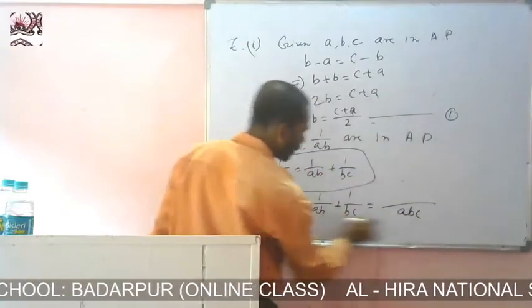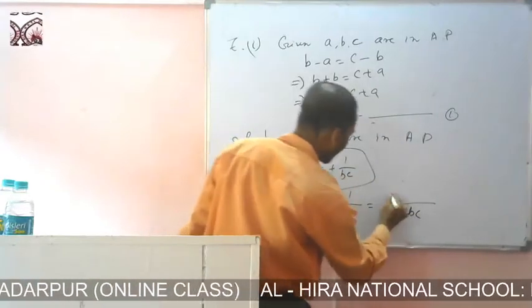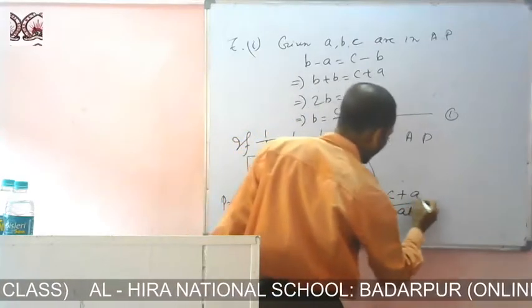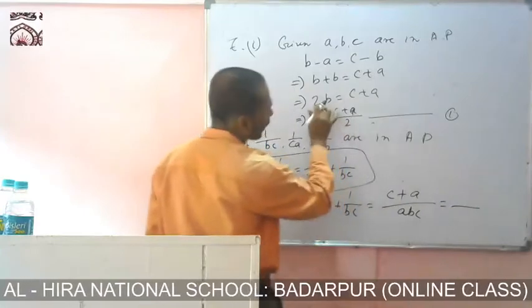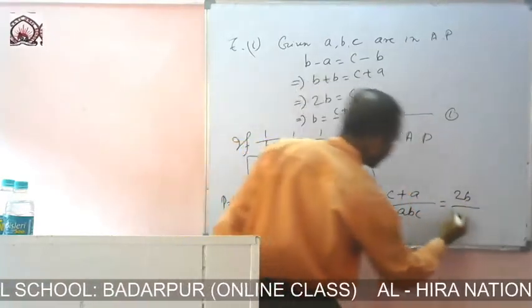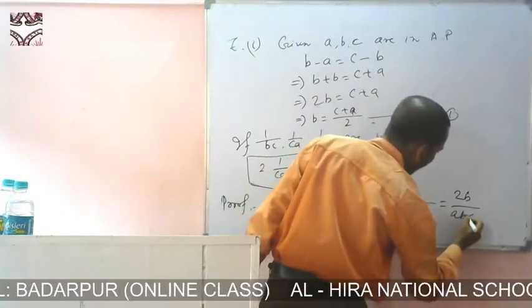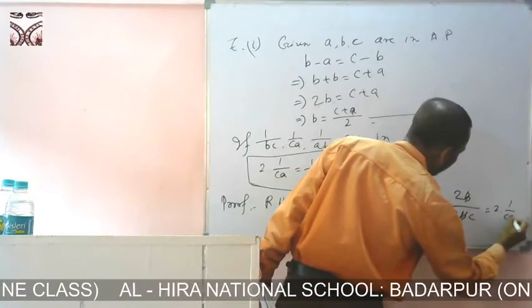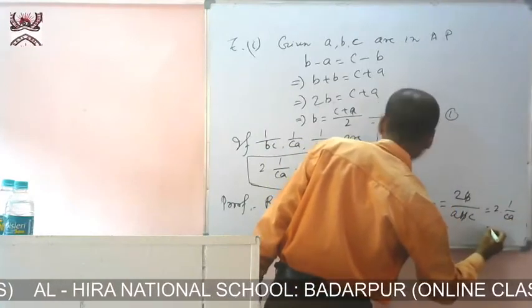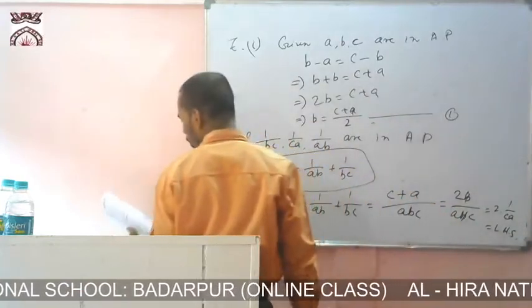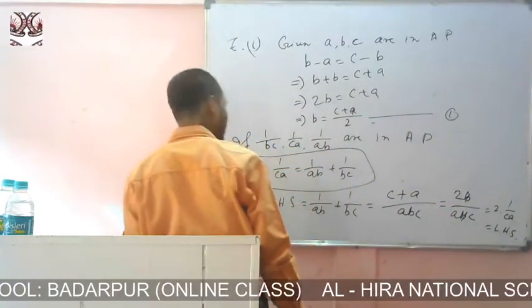Here AB leaves C remaining, and here BC leaves A remaining, so C plus A, which we get as twice B. So twice B by ABC. Now B cancels, so it is equal to 2 into 1 by CA. So 1 by CA is nothing but our LHS. So the condition is proved.